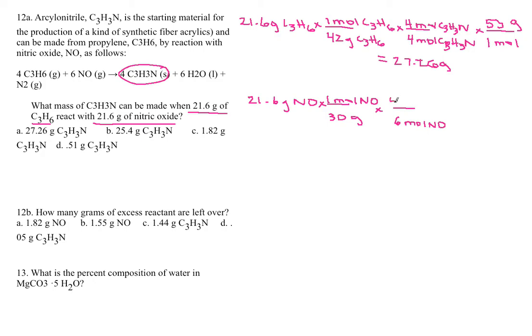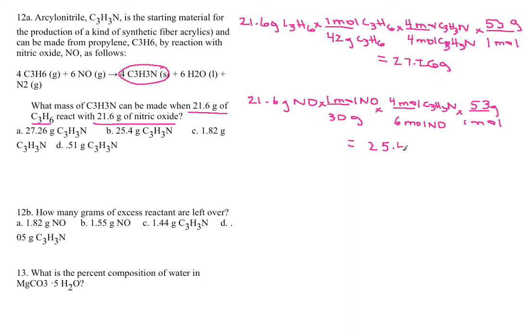And 4 moles of C3H3N on top. Crisscross swoosh again, and it's 53 grams, the molecular mass, over 1 mole. Now, the number of grams that this one produces is 25.4 grams.